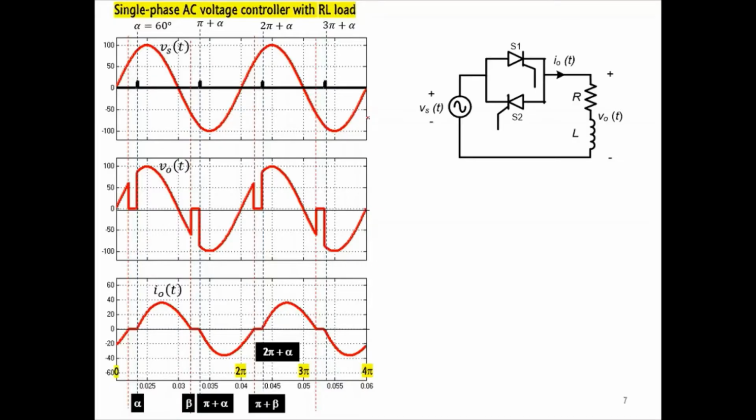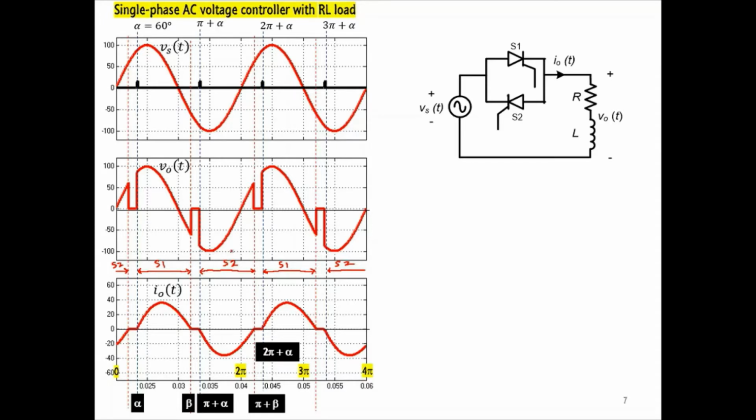Based on the control pulses, we can label the conduction range as follows. We can see from the graph that S1 is conducting current starting from the firing angle alpha until the extinction angle beta.